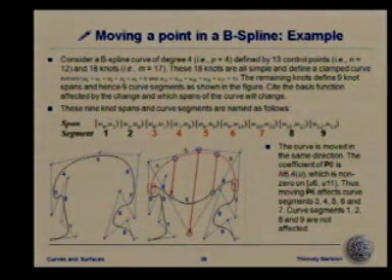If I use 13 control points like here, and I use 18 knots, so m equals 17, it means that I have a curve of degree 4. To clamp a curve of degree 4, I need to define the first 4 knots, U0, U1, U2, U3, to 0, and the last 4 knots, U14, U15, U16, U17, to 1.